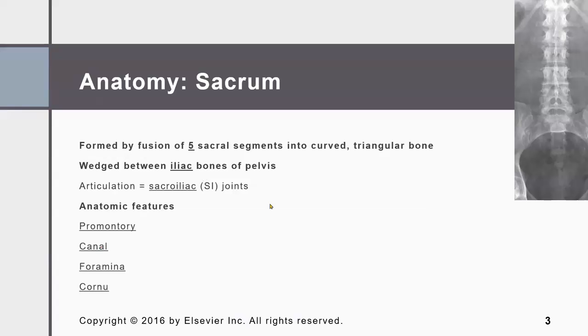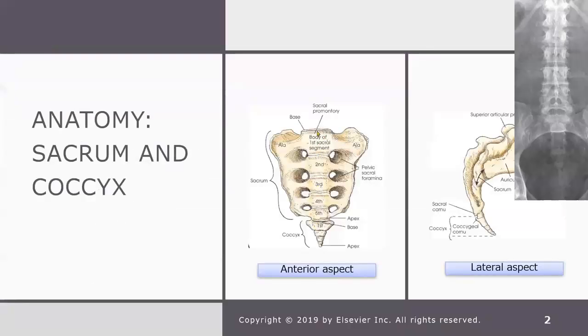The canal you cannot see on an AP view. The canal runs along the posterior side of the sacrum. It is actually similar to the vertebral canal of all the other vertebrae of our spine. It is literally a canal where the sides of the sacrum come around and form a canal that runs all the way down through.